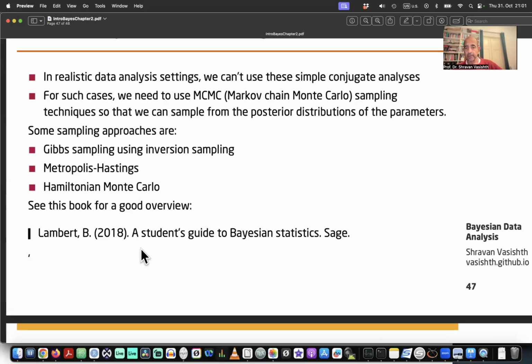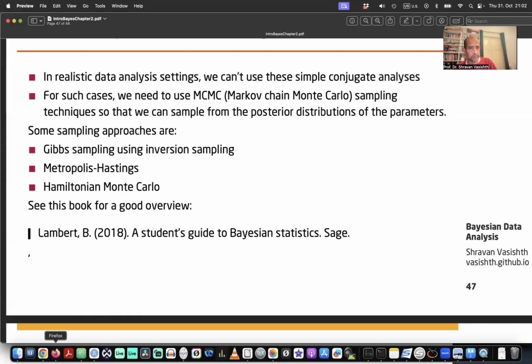If you want to get an accessible introduction to sampling, I like one chapter in the Lambert book. He discusses sampling algorithms, and so that's a good place to start if you want to get a handle on sampling and read an independent presentation of sampling independent from mine.